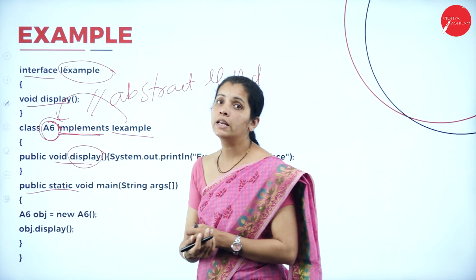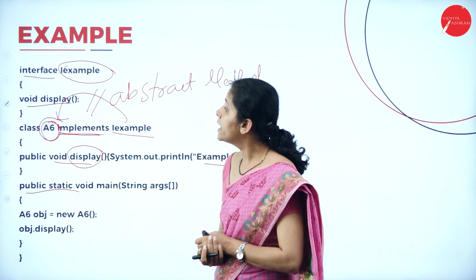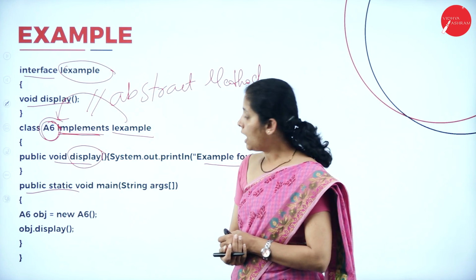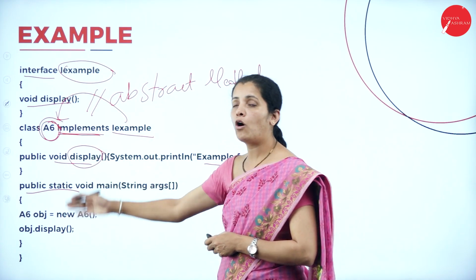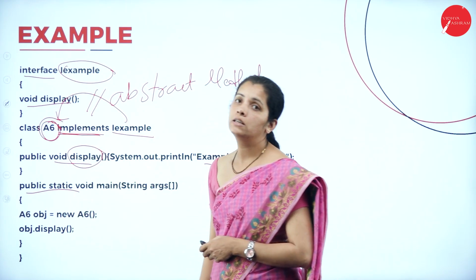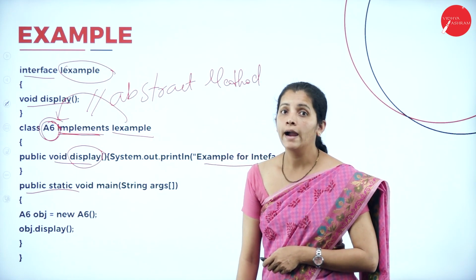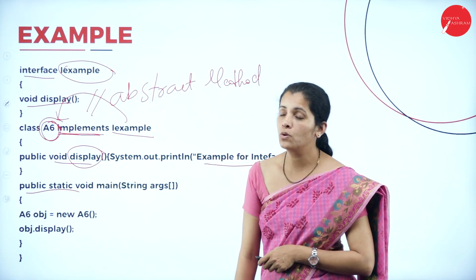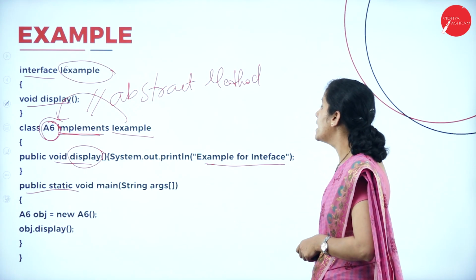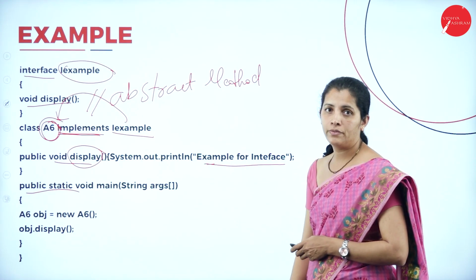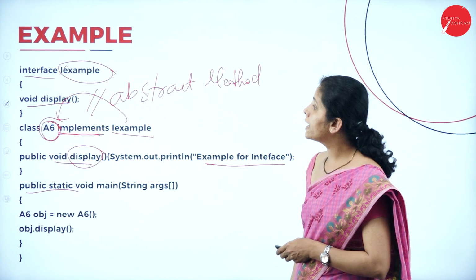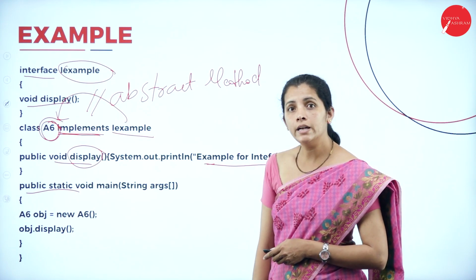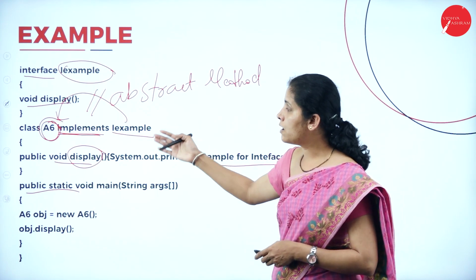That means I'm going to create an object for A6, and with the help of the object I'm going to call the display function. And what is the output of this program? That is 'example for interface'. So this is the way I can use an interface in Java.